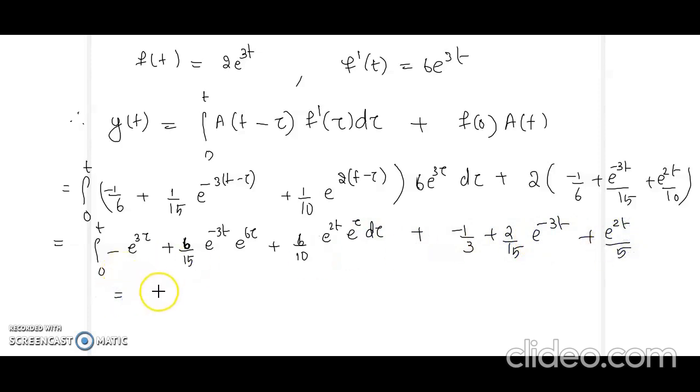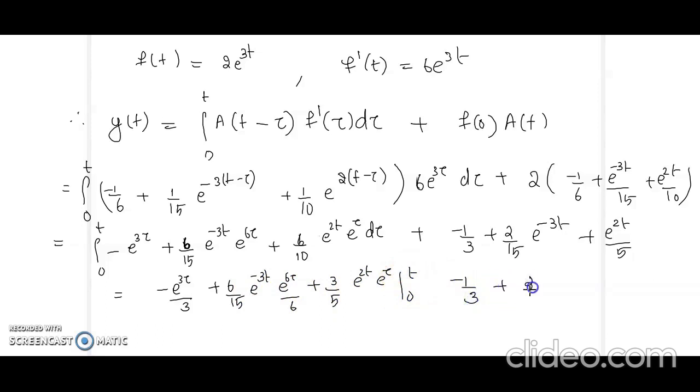So upon integrating you will get minus e raised to 3 tau by 3, then 6 by 15 e raised to minus 3t e raised to 6 tau by 6, plus 6 by 10 divided by 1 that is 3 by 5 e raised to 2t e raised to tau, from 0 to t, then minus 1 by 3 plus 2 by 15 e raised to minus 3t plus e raised to 2t by 5.